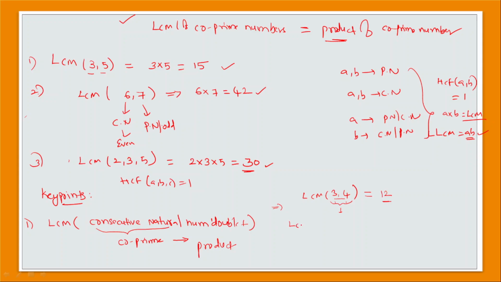Let us go with one more example: the LCM of 12 comma 13. Here 12 and 13 are a consecutive natural number doublet. Doublet means we need to take the consecutive numbers, and here also the HCF is 1. So we get the LCM as 12 into 13, which equals 156. This will be the first key point you need to remember.